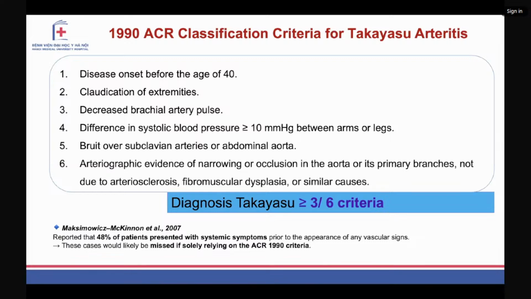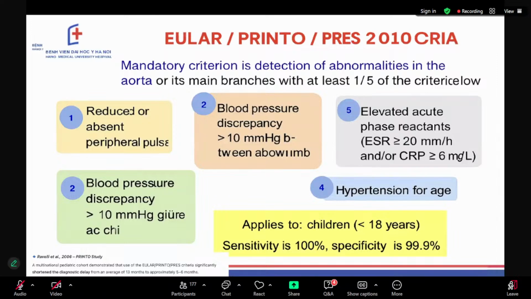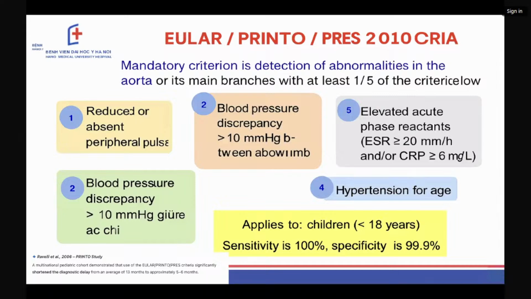Pediatric patients fail to meet the ACR criteria in early disease, resulting in delay and misdiagnosis from several months to years. And here is the APLAR/PRINTO/PRES classification criteria, introduced in 2006 to 2010, which was designed for childhood large vessel vasculitis.